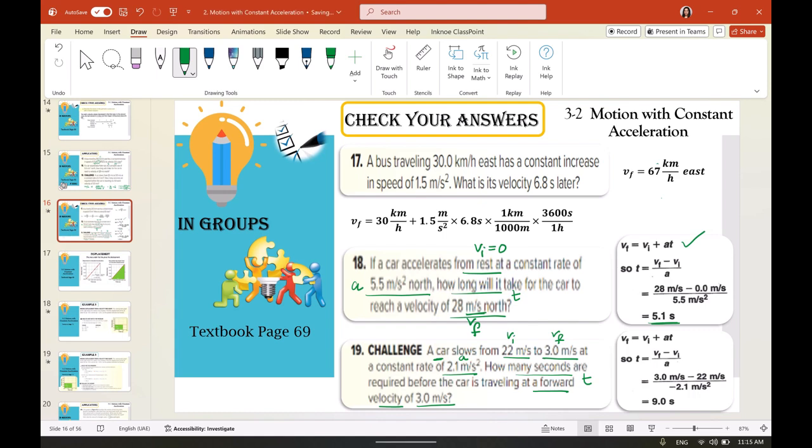So 3 is equal to 22, V initial, plus minus 2.1 multiplied by t. T is how much? We don't know. We have to find out. That's x. Okay, I'll write x. So apply that in the calculator and solve it. Hope you will get 9 seconds. Okay, so that's how it has to be done.